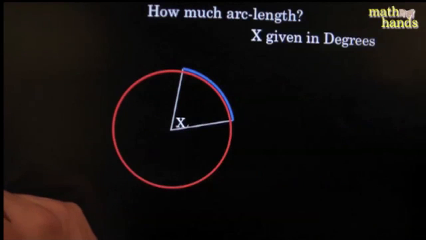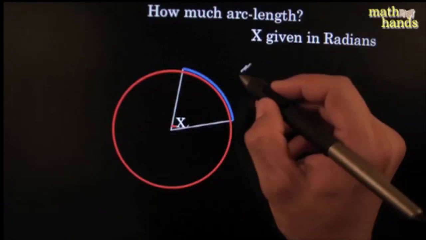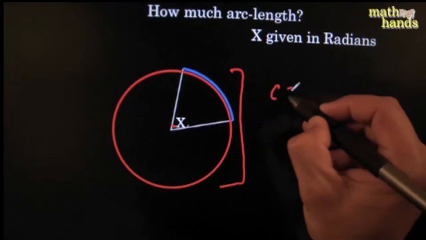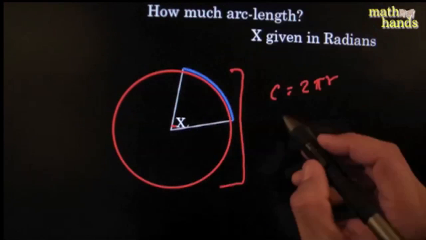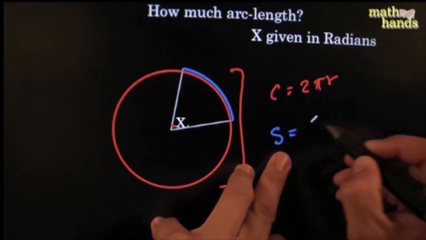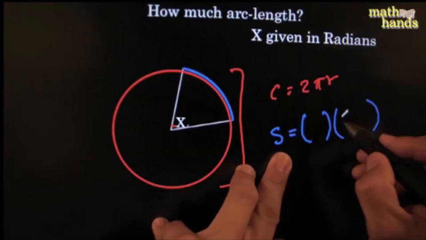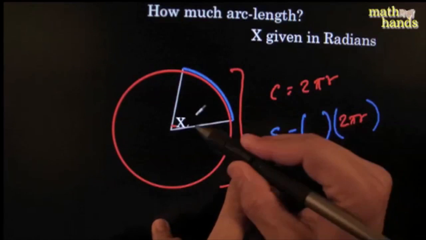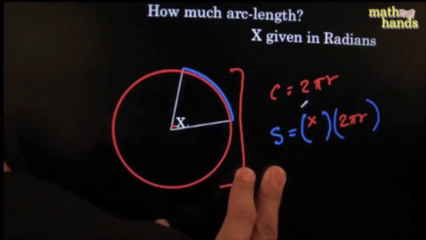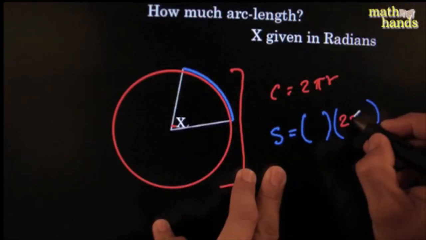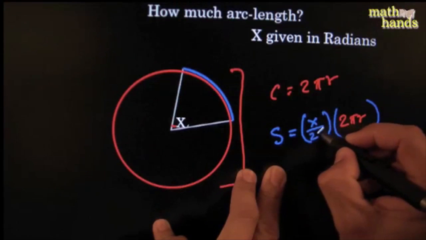In fact, you can turn that into a formula. You can say if x is given in radians, the whole thing is 2 pi r. So then the blue portion, which is the arc length, would be a certain portion of the 2 pi r. And then you think, well, what portion is it? Well, it's x radians out of 2 pi radians total.